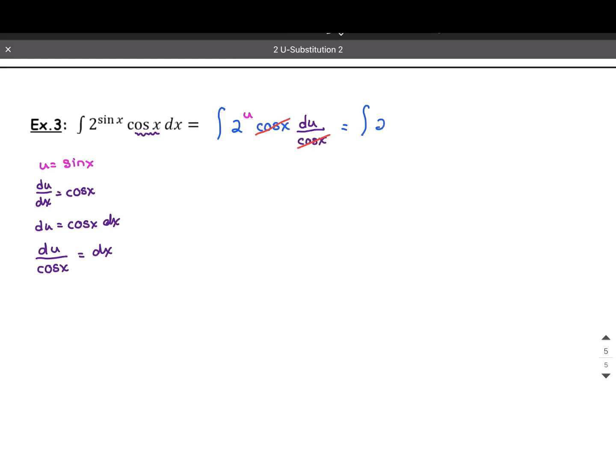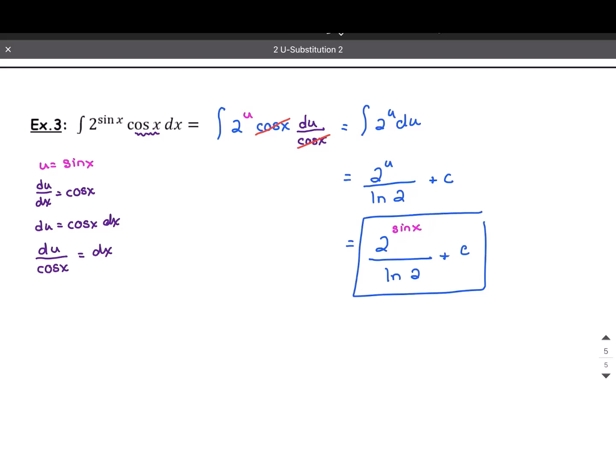We have the integral of 2 to the u du. So according to our model, that's 2 to the u divided by the natural log of the base 2 plus c. One last step: we have to change that u back to the sine of x, all over the natural log of 2, plus c.